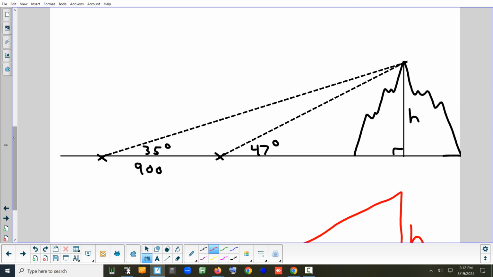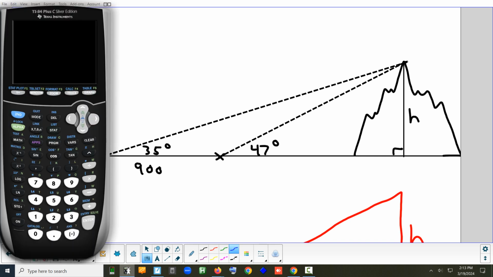Does anybody see another triangle? It might not be a right triangle, but another triangle we could look at. Just try to describe it to me. What are you looking at? Yeah, it's 35 degrees, and the bottom is 900 meters. And then the 133 angle, an oblique, obtuse angle going up to the top.